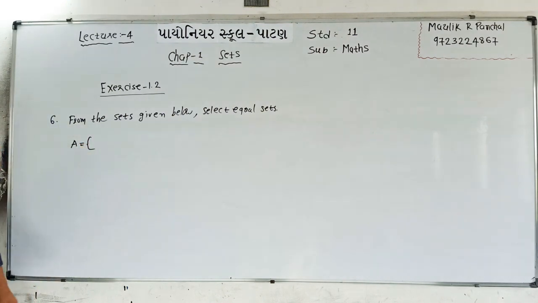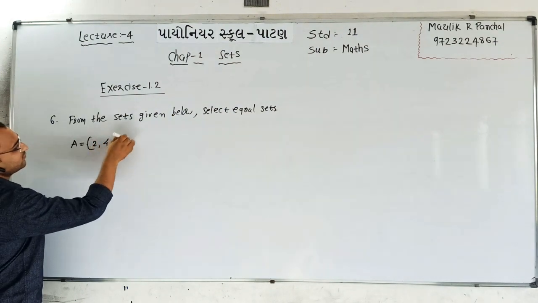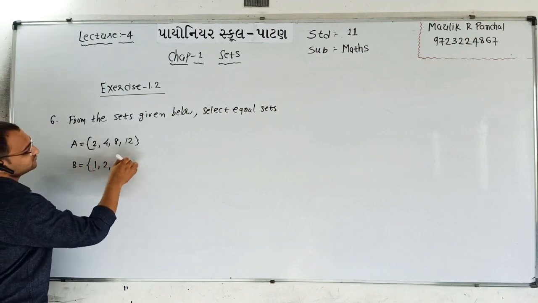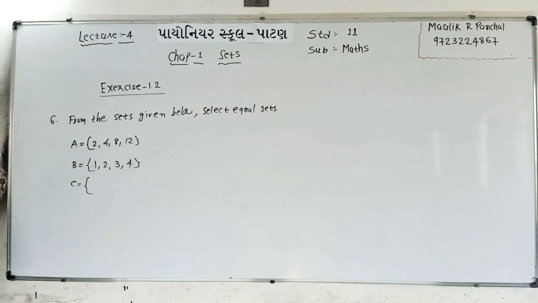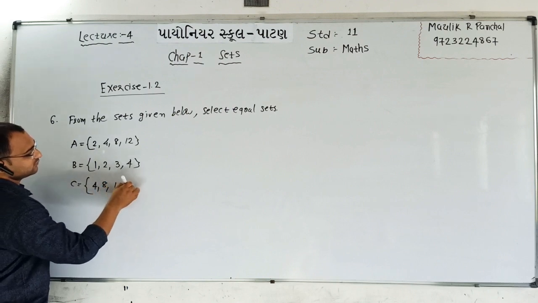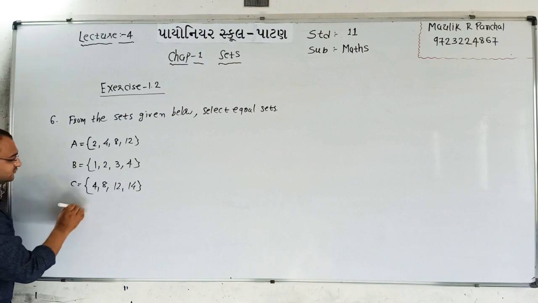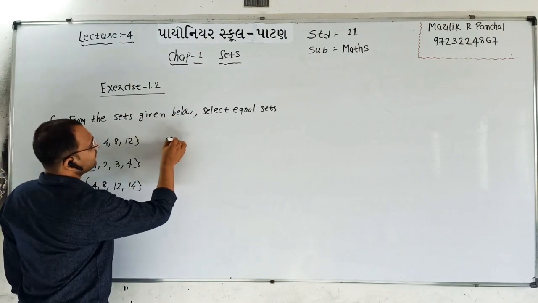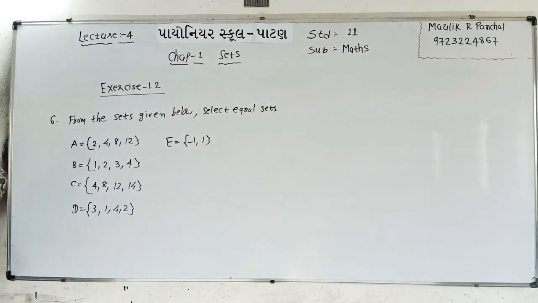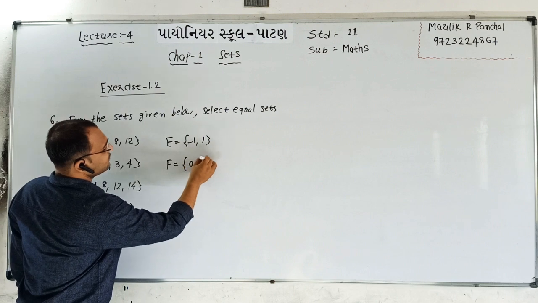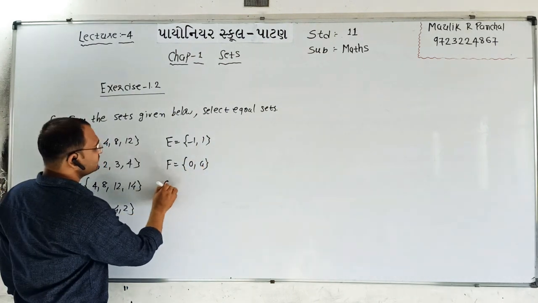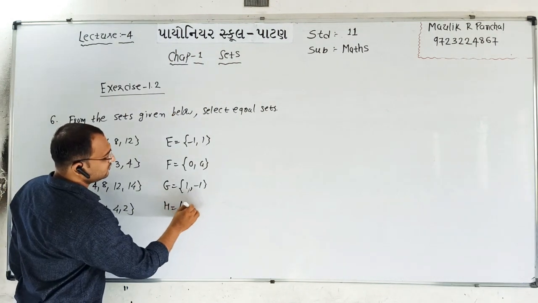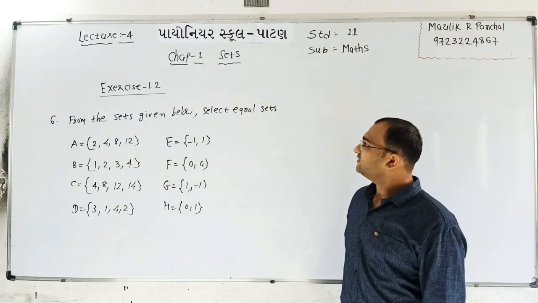A equal to {2, 4, 8, 12}, {1, 2, 3, 4}, T equal to ... From these sets we find equal sets.